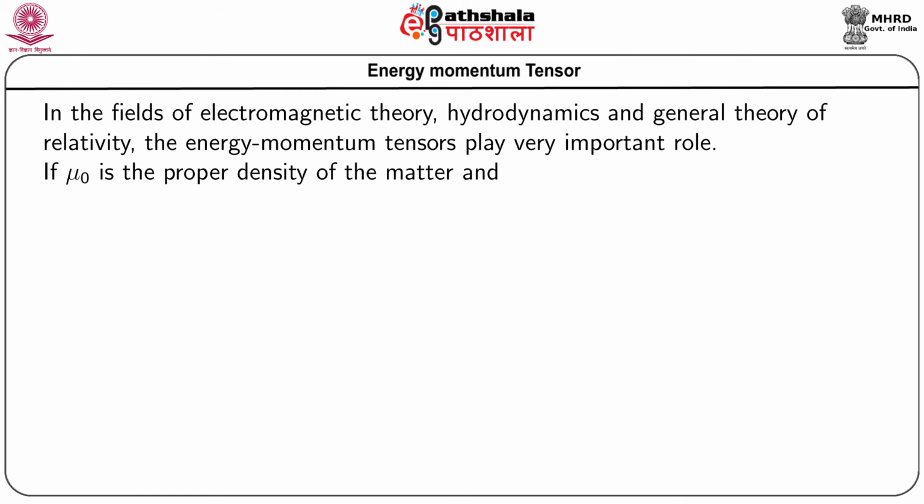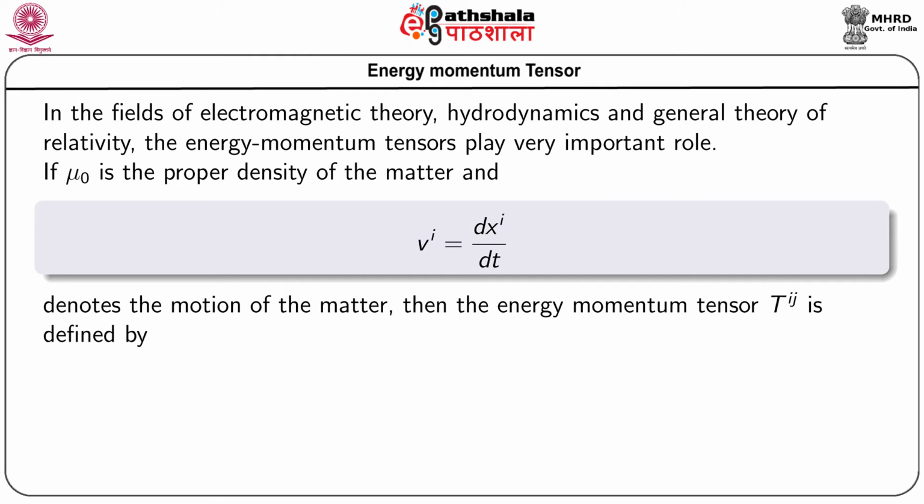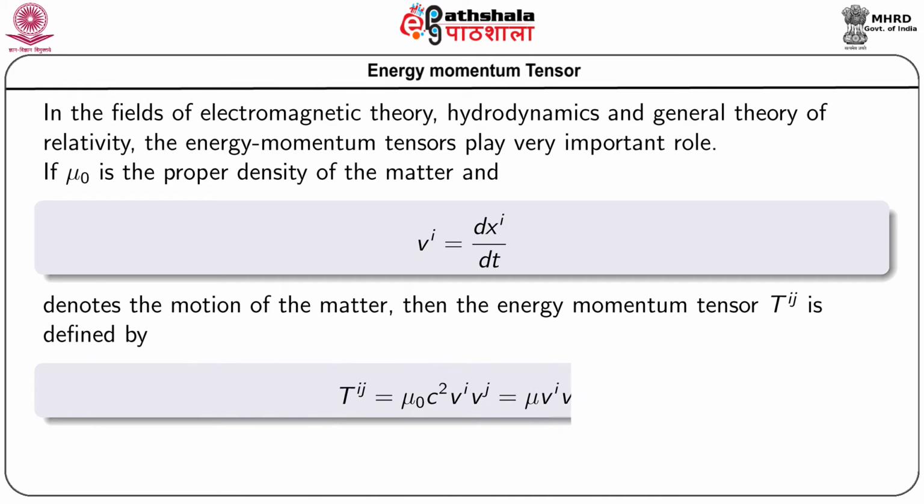Now, if mu_0 is the proper density of the matter and V^i is the velocity vector, that is dx^i by dt, then the energy momentum tensor T^ij is defined by T^ij equals mu_0 c square V^i V^j, and mu_0 c square is expressed as mu.